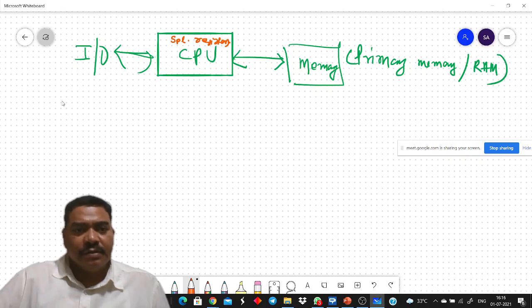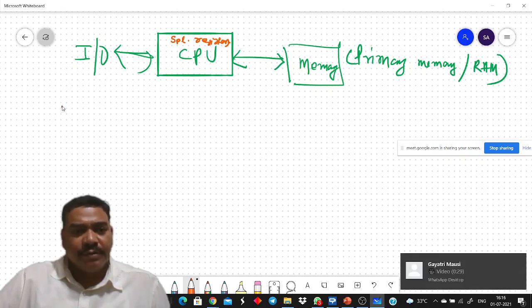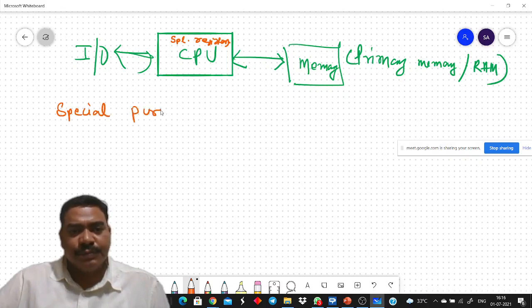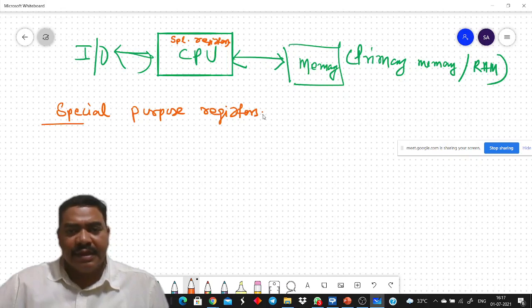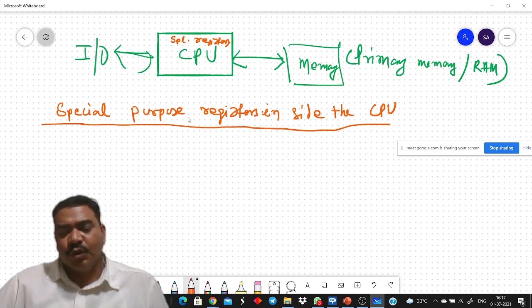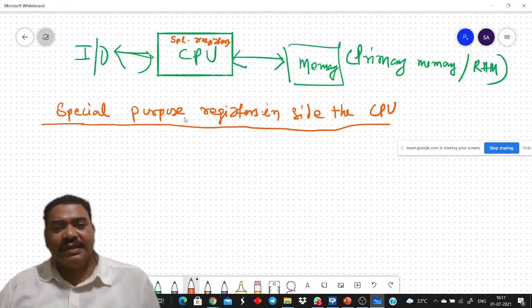There are a number of special purpose registers inside the CPU, the central processing unit. So what is the work of these special purpose registers? These special purpose registers work as a rough sheet or intermediate data storage for the CPU operations.